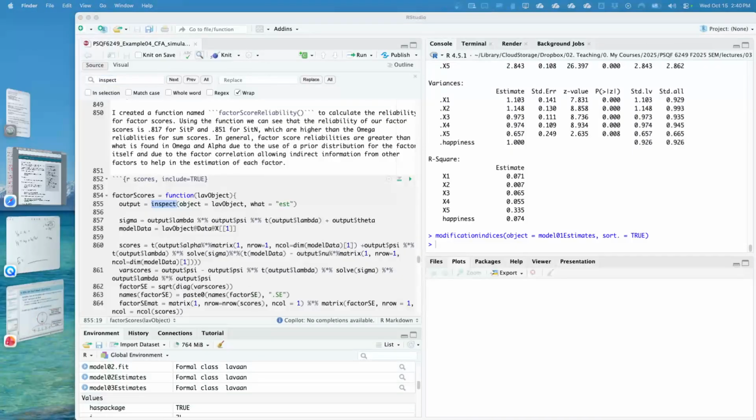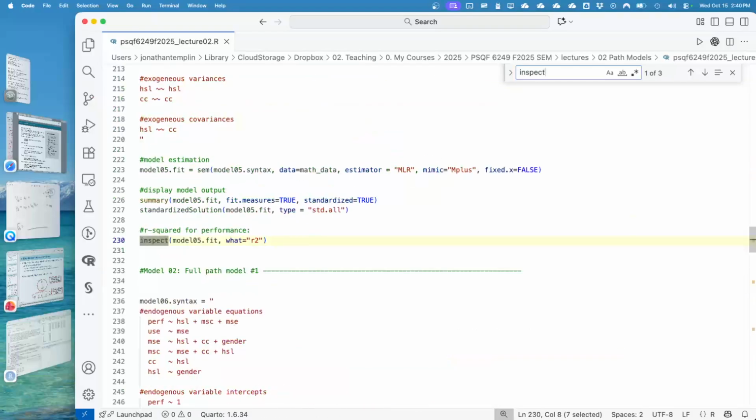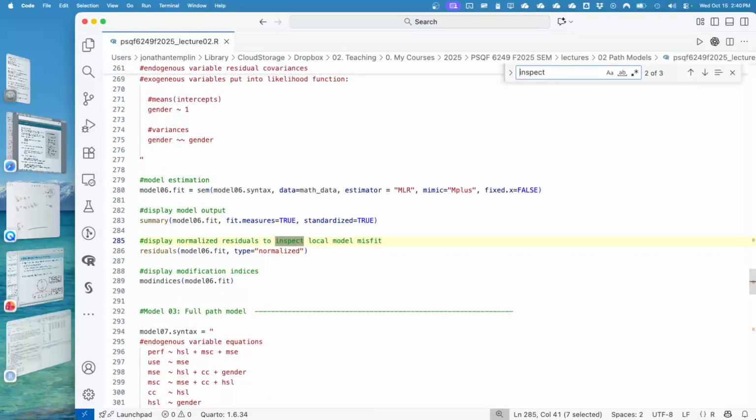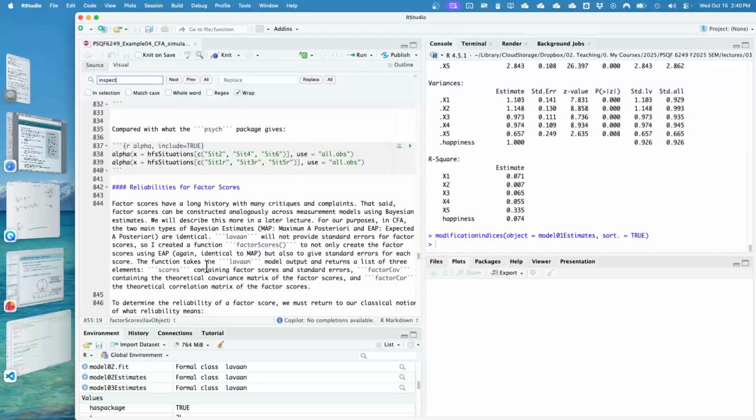I'm going to go back into my code for path analysis because I want to put in the code that looks at the normalized residuals. There it is. I just always forget the exact lavaan syntax. And by the way, when I ask you questions about syntax on the test, it'll only be the stuff in the quotes, like what's an equal tilde. It will not be the options in the function.